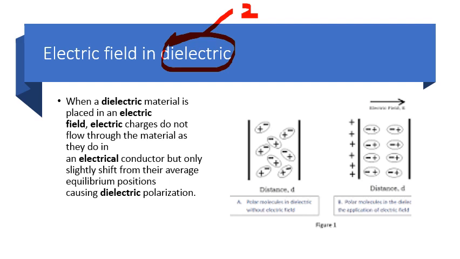As a matter of fact, whenever we apply a field, of course they can't allow electric current to pass, but they accommodate that field in the way that they are displaced from their equilibrium positions. That is called dielectric polarization.